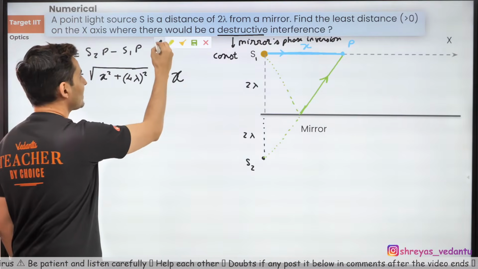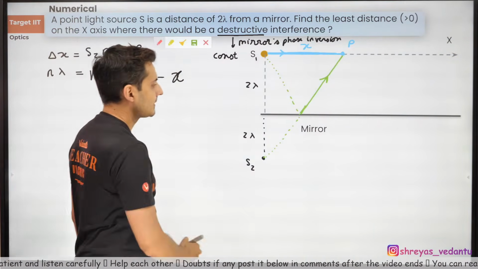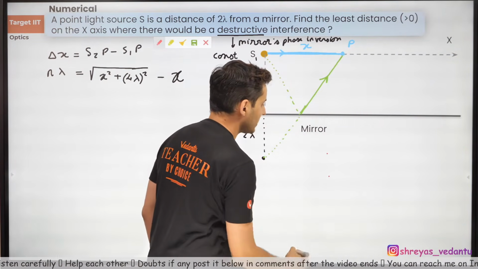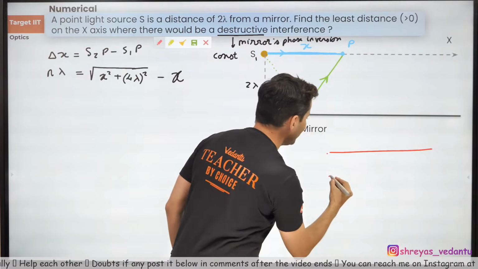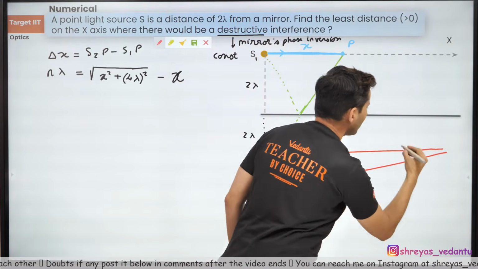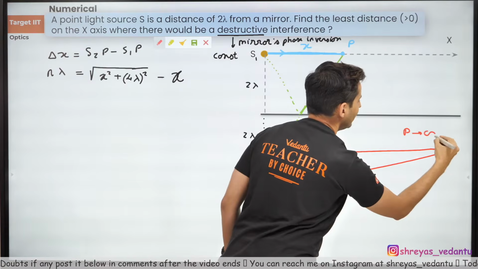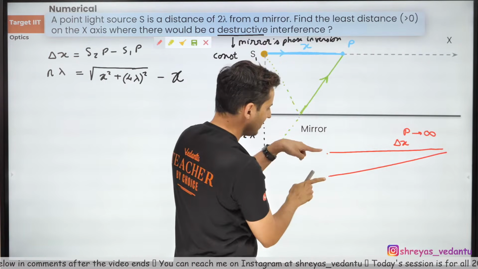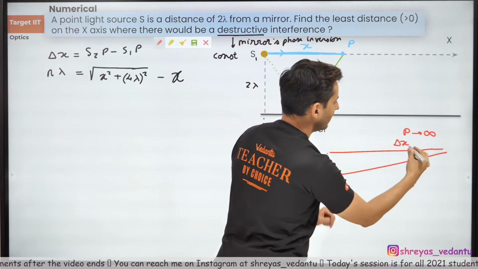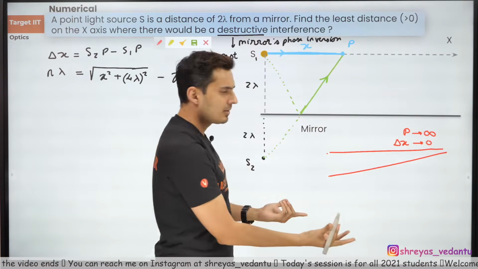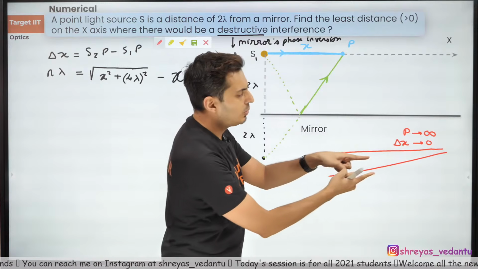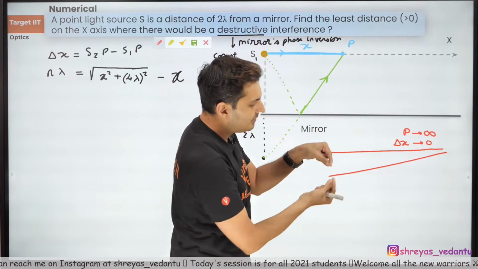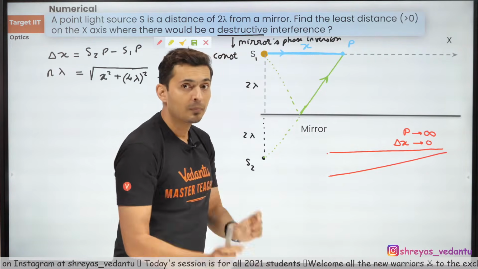The reason is, look at this, guys. When you have these two sources and you are at infinity, let's say that point is at infinity, what do you think is the path difference? The path difference is 0, right? When you are really far, the rays are almost parallel and there is hardly any difference between them, so delta x is 0.